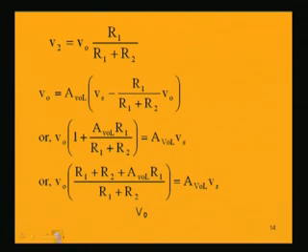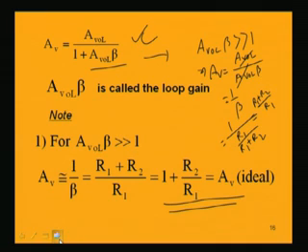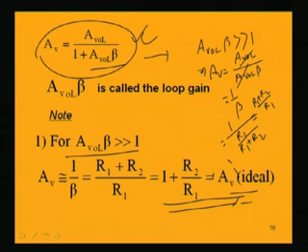So, we have the ideal OpAmp consideration giving that value, which is the ideal gain AV, and this is obtained if this condition of AVOL beta being very much greater than 1 is satisfied. Otherwise, we will be having a gain which is not given by the ideal OpAmp gain 1 plus R2 by R1, but it is given by this factor.